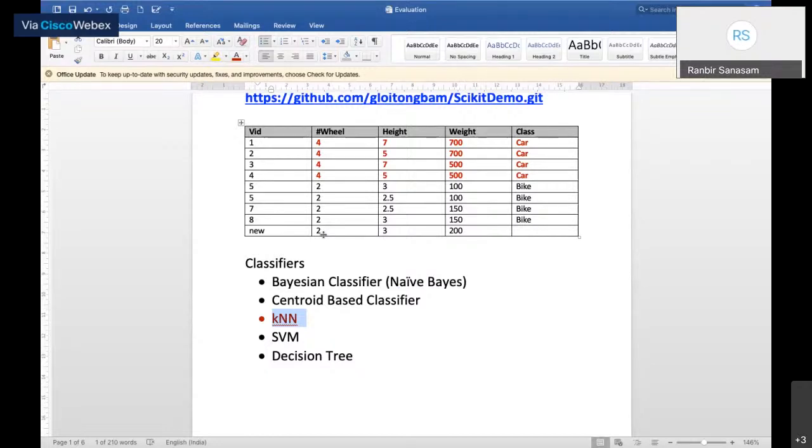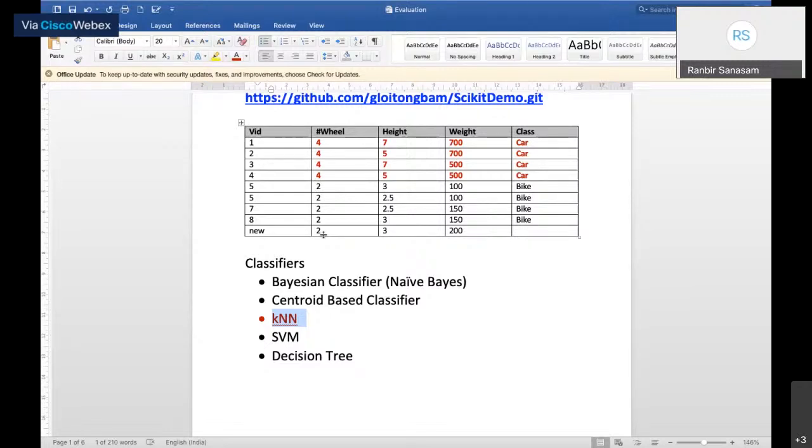Sometimes it is called a lazy classifier or instance-based classifier. It has no prior learning. What it does is, you get the new examples, you compare the new examples that you want to classify with the existing set of samples and find which one is the closest.